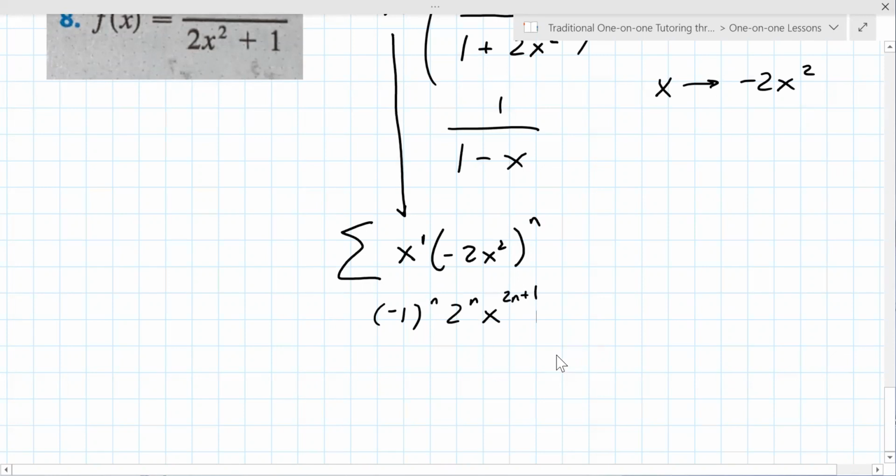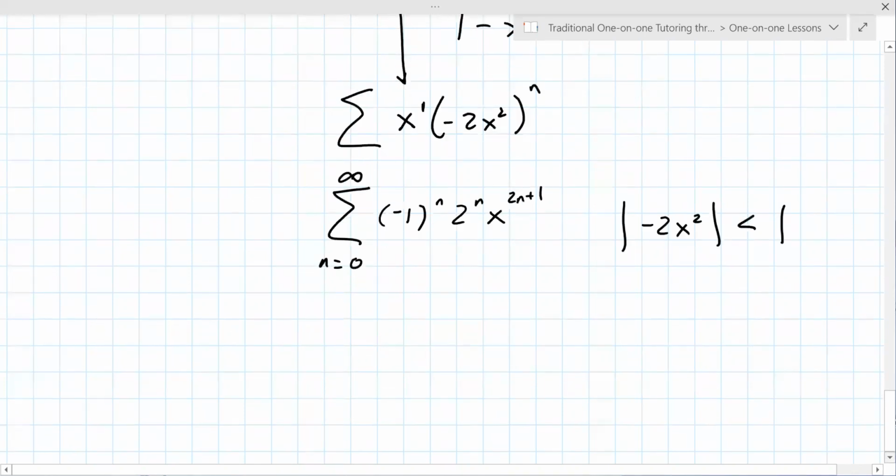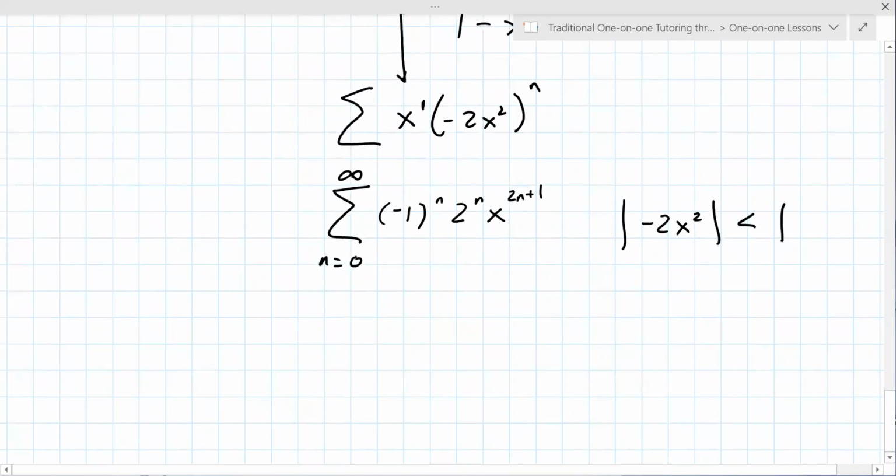This is a little bit difficult for instructors to grade. There are a number of different ways that you can do this. In terms of convergence, you take this minus 2x squared, and the absolute value has to be less than 1. I think that's how we do it here. I may want to check this one because of the x in the numerator.